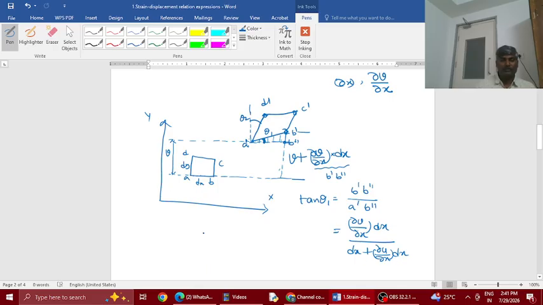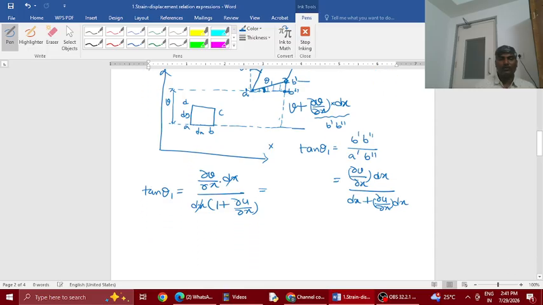Okay, now you see tan theta 1. Take dx common from the denominator: dou v by dou x into dx, divided by dx times 1 plus dou u by dou x. So dx goes. If you observe the denominator, it is 1 plus dou u by dou x. This quantity is very much negligible. Okay, so 1 plus any negligible number is equal to 1.